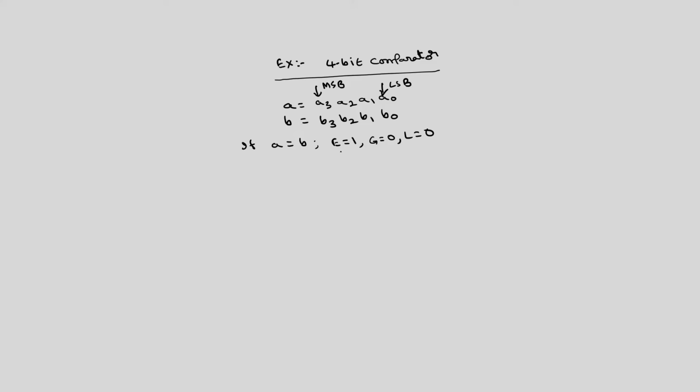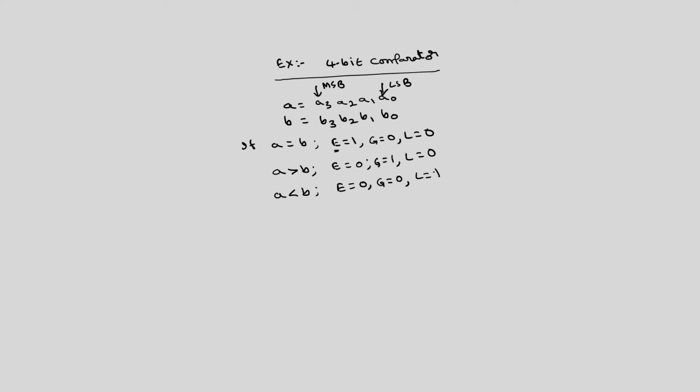If equal, the equality output will be 1. Similarly, if A is greater than B, equality is 0, greater than is 1, less than is 0. If A is less than B, equality is 0, greater than is 0, less than is 1.